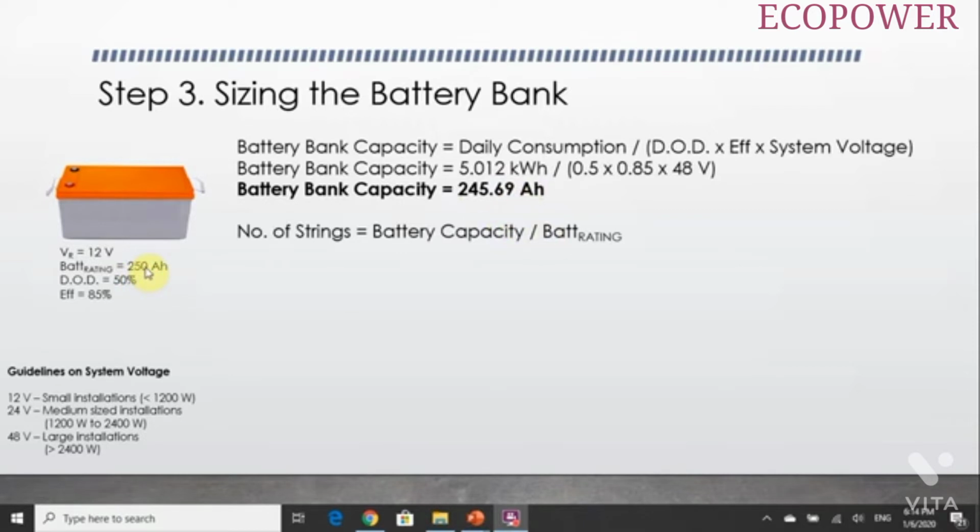So that would be 245.69 ampere hours divided by 250 ampere hours. That would be 0.98, or just one string of battery.